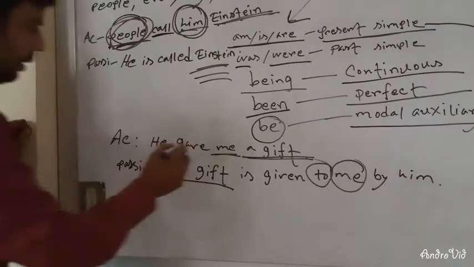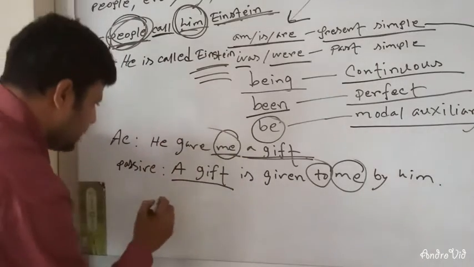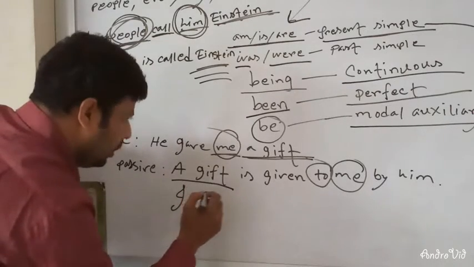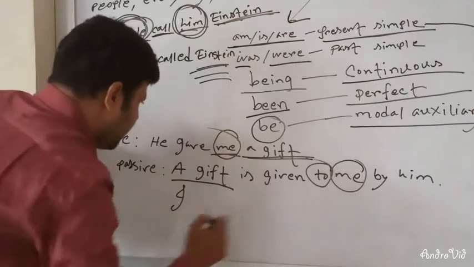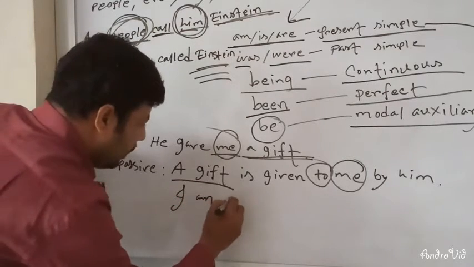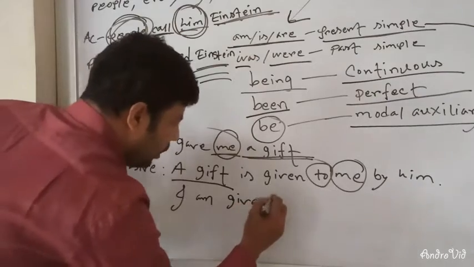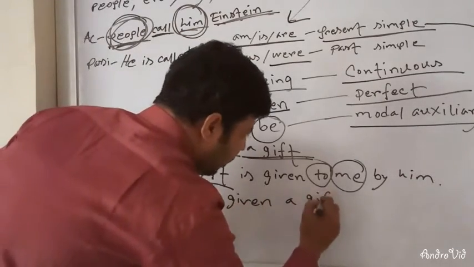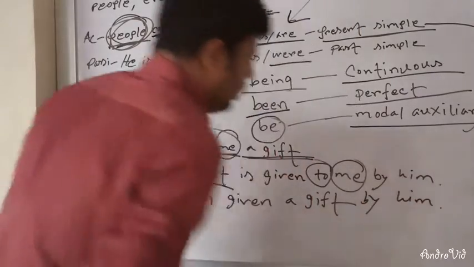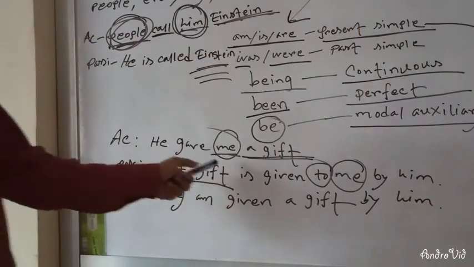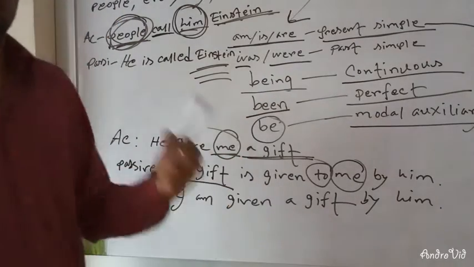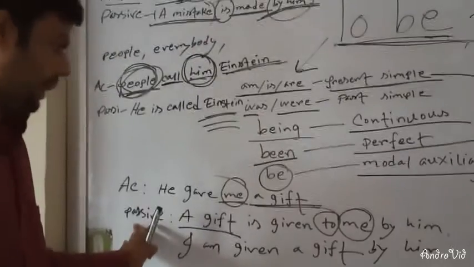But if you take the pronoun object as the subject in the passive voice, you do not need to put an extra to. I am given a gift by him. So the thing is, if you have two objects in the active voice, you may take either of them in the passive voice.